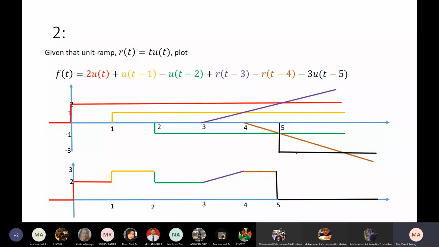On Wednesday, I mentioned that it's a ramp, just a sloped line. So the formula is t u(t). This is the formula for r(t).